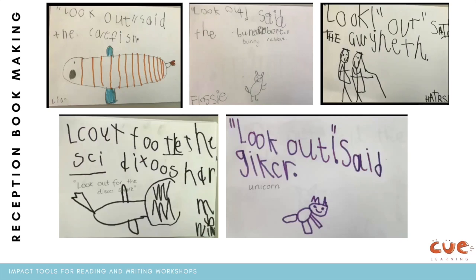In the bottom left, "look out for the disco shark", because the teacher will have talked to the child about their writing there, and they will have read that to the teacher, and the teacher is then writing so that everybody, including the child, can also read that writing, so that we all know what the message is that that child was wanting to communicate.